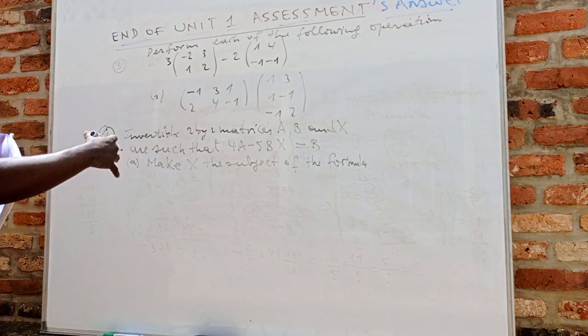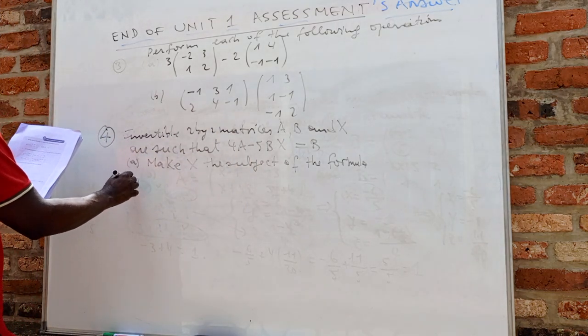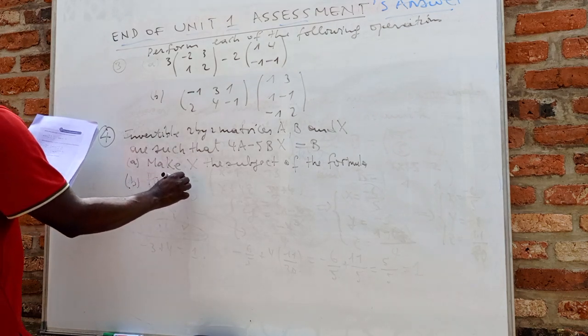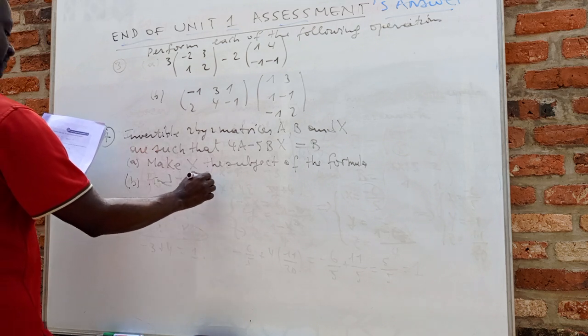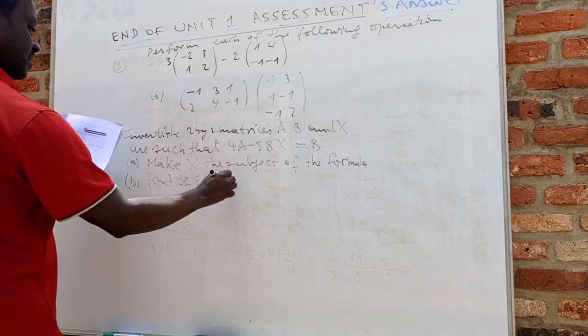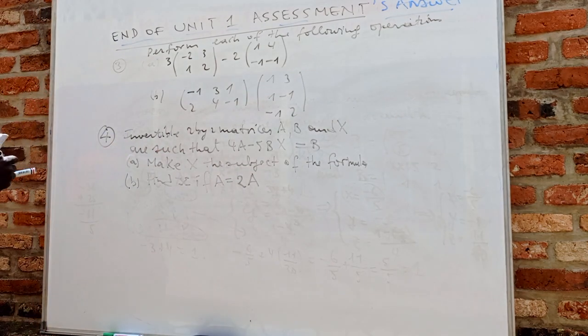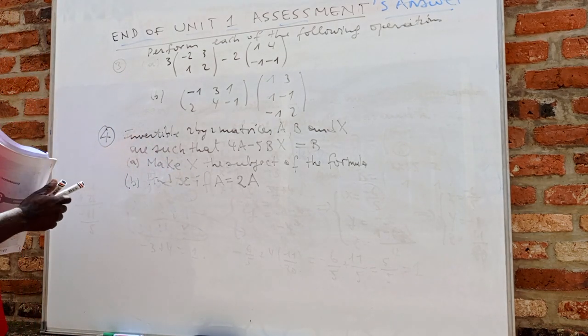So we can try to find a formula to find X, and then find matrix X if A is twice matrix B. Okay, so let us now answer these two questions.